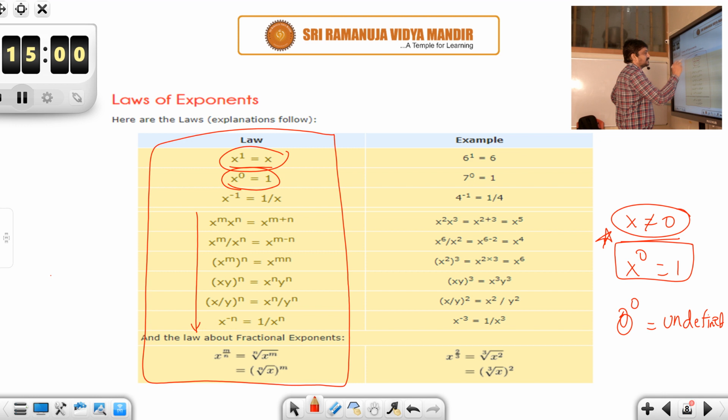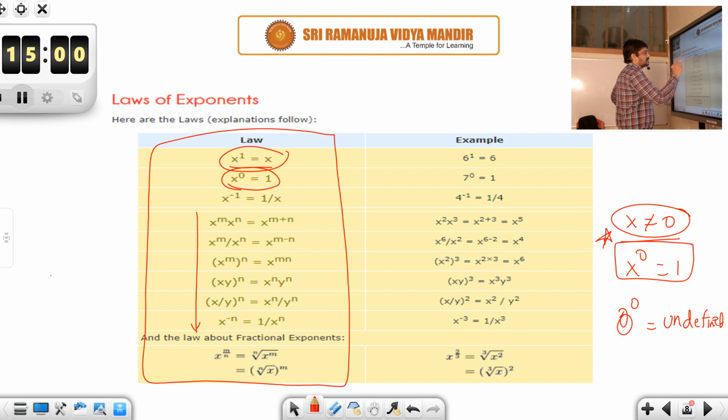So for example, if you are given 5 power minus 3, what will you do? Just consider the reciprocal of this with the positive exponent, okay, and you know how to evaluate 5 cube, you will get 125. Okay, students, so whenever you come across a negative exponent, just take its reciprocal, flip the sign. If it is negative, consider it as positive.